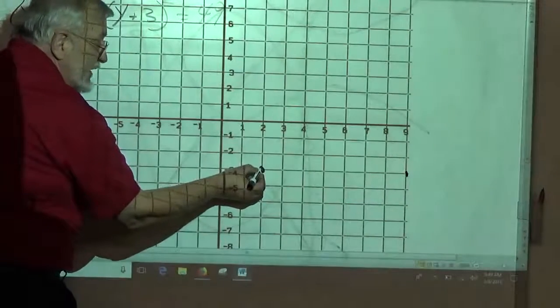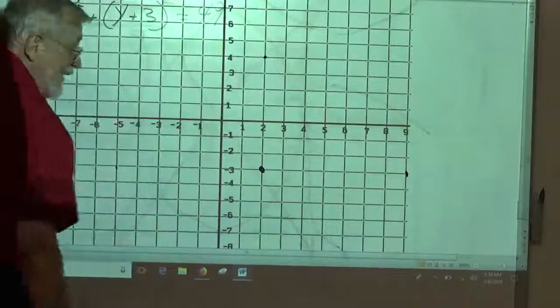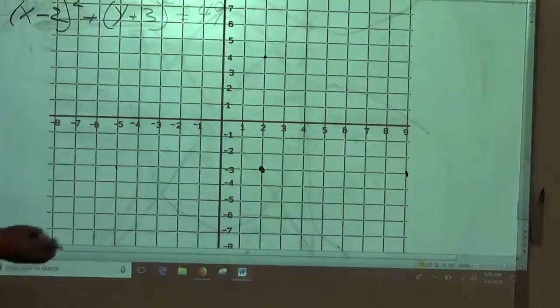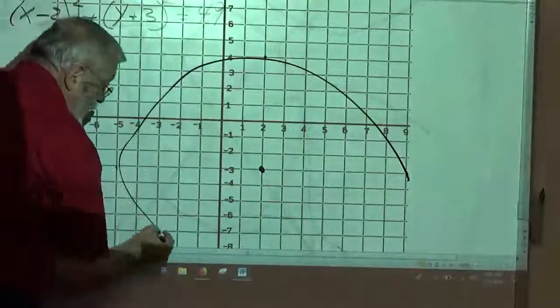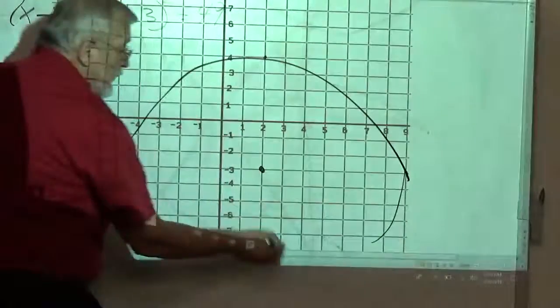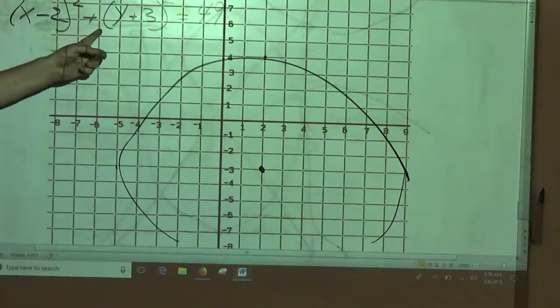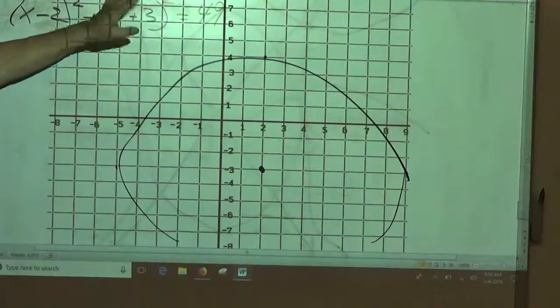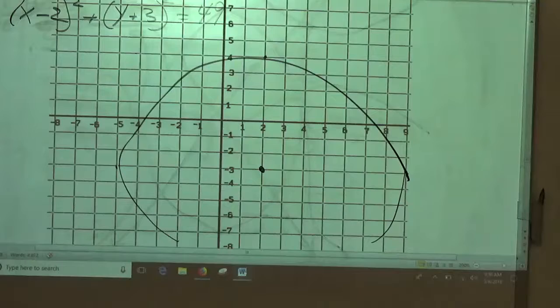Going up 7, 1, 2, 3, and 4, and going down 7 will be off the page. And now I'm going to center a circle around that center. See? Because these coefficients are the same and they're both squared, I have a circle. And then the radius is the square root over here.